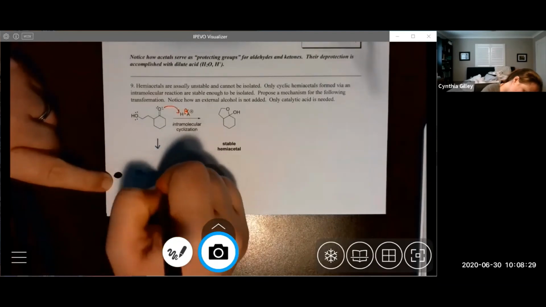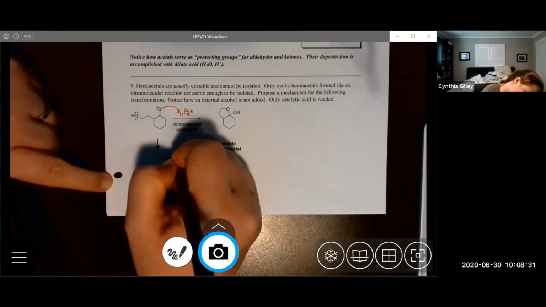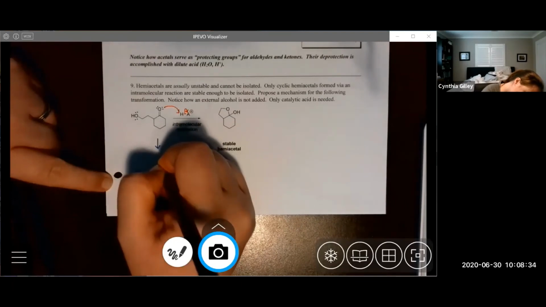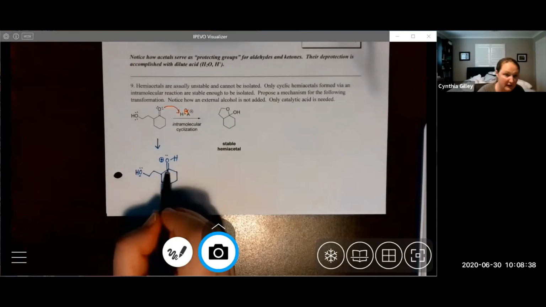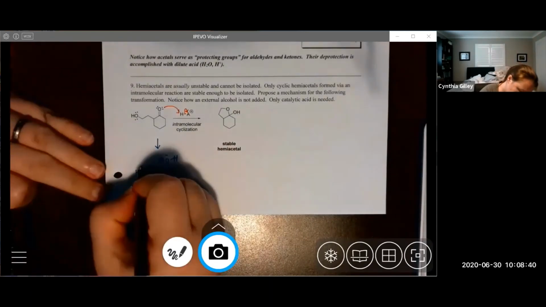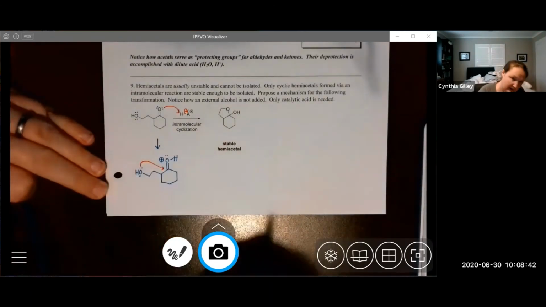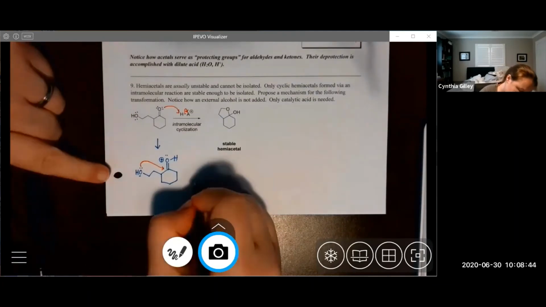So we are going to do a proton transfer to the carbonyl. Remember that that generates a highly electrophilic carbonyl carbon. Right, so we can do a nucleophilic attack with the attached alcohol.